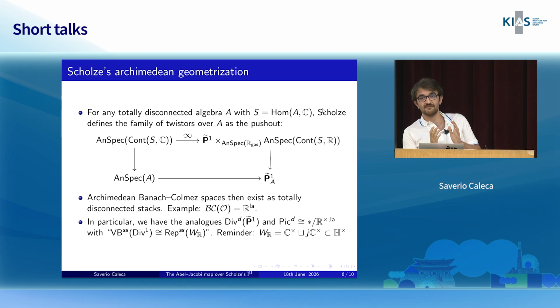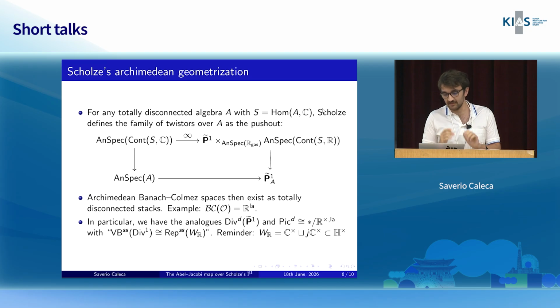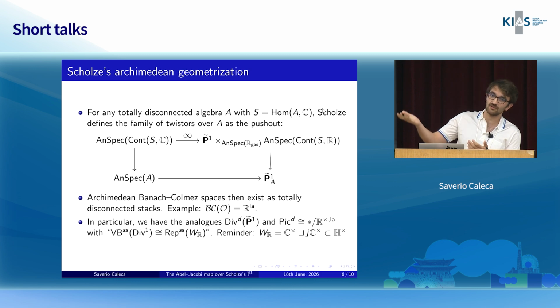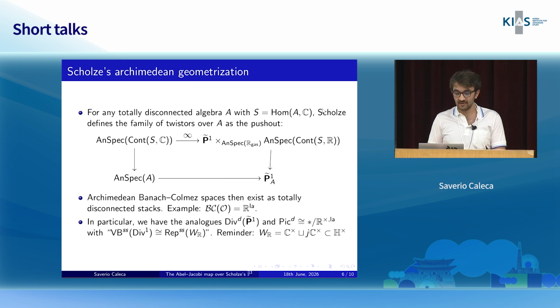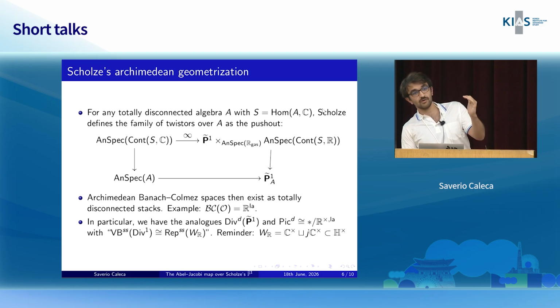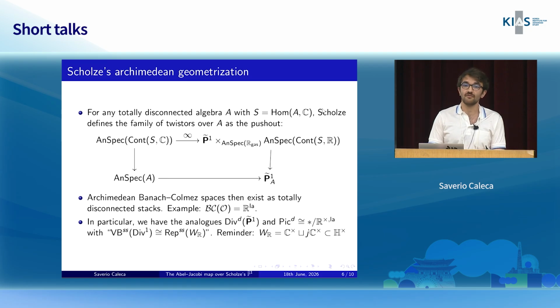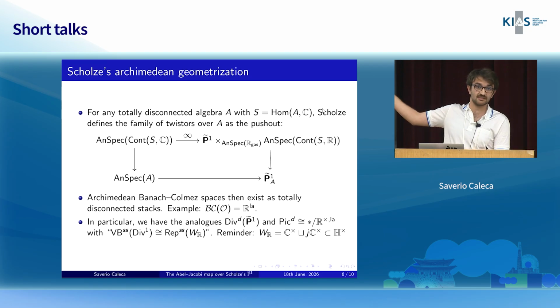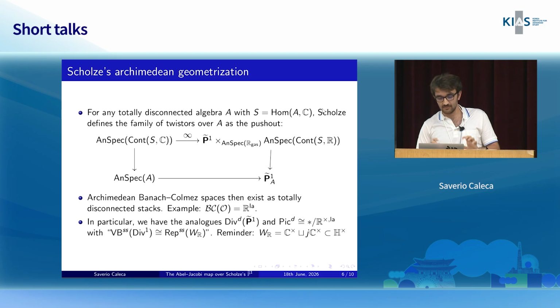We have Pic D, which is the space of degree D line bundles, and this is just the classifying stack of the multiplicative group of the real numbers. And we know that there is a natural equivalence between semi-simple vector bundles over P1 and semi-simple representations of the real Weil group, which I remind you is just given by this subgroup of the unit quaternions, in case you didn't remember.